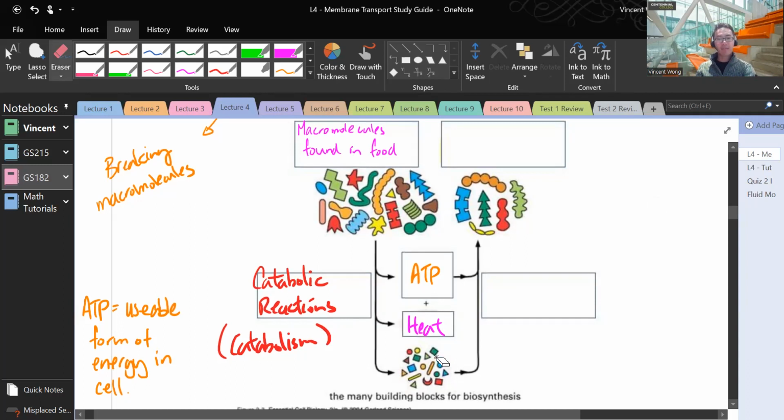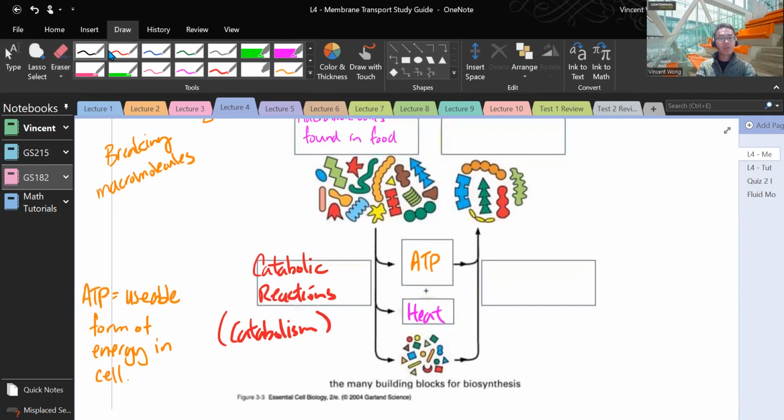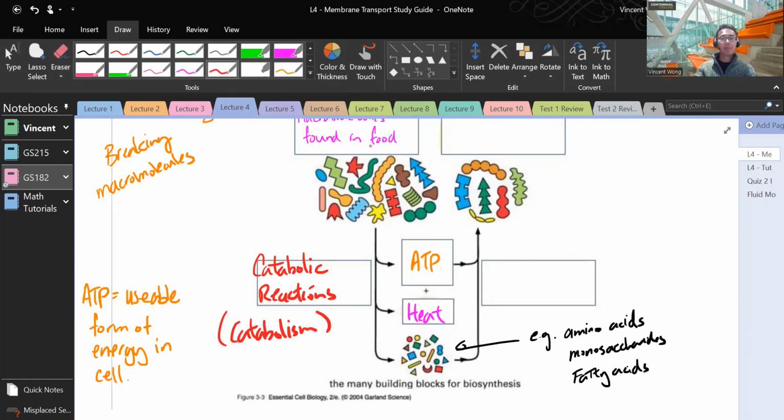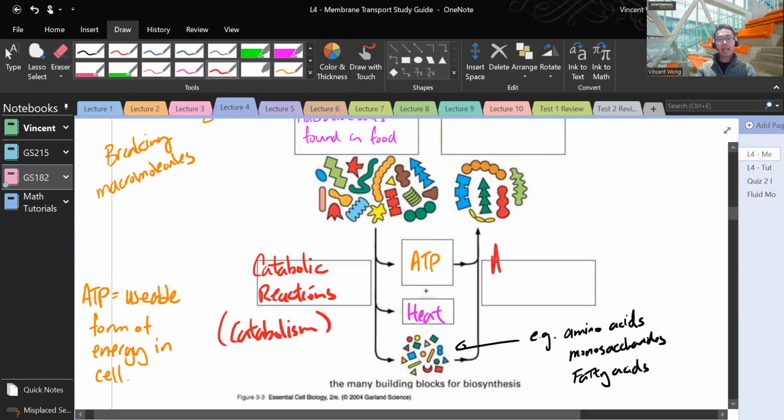And then we're going to end up having all these building blocks, right? So these building blocks could be amino acids that you get from breaking down the proteins. It could be monosaccharides, right? It could be fatty acids, right? A bunch of building blocks, which we then could use to build molecules that we need. And to build molecules that we need, we're going to use the anabolic reactions, right?